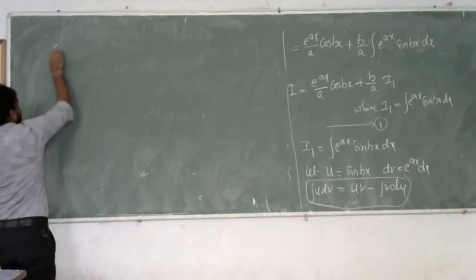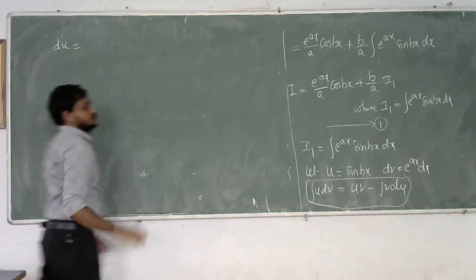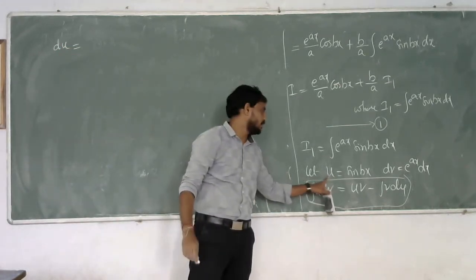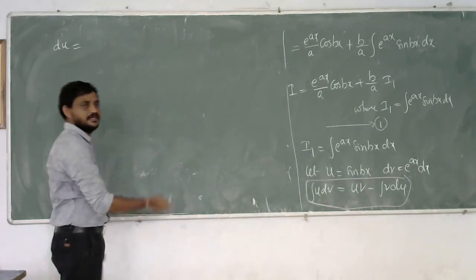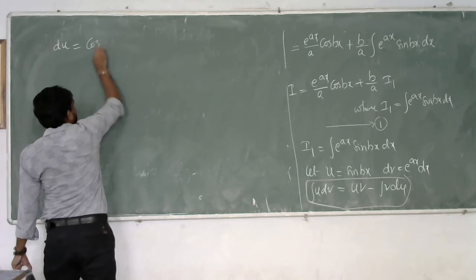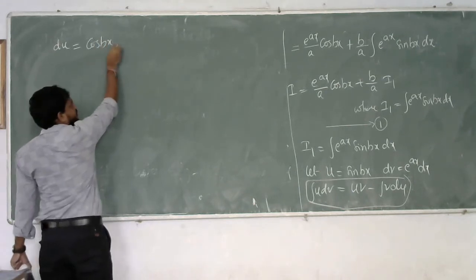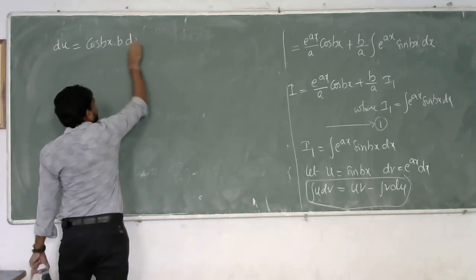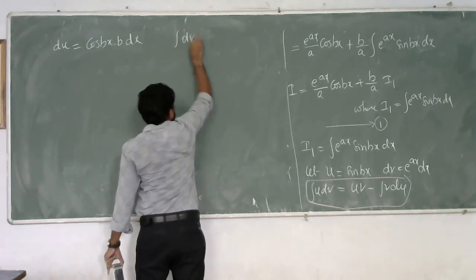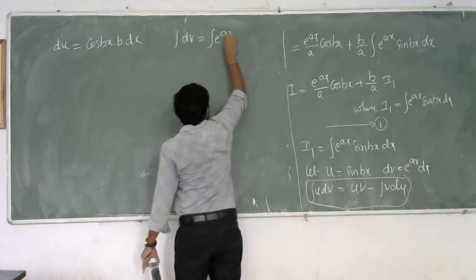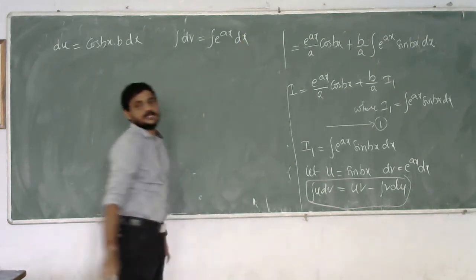What will be du? This is u, sin bx. So du value will be the differentiation of sin bx. What will be the differentiation of sin bx? cos bx and exponent b, so into b into dx. Then to find v, integrate. So integral dv equals, okay.